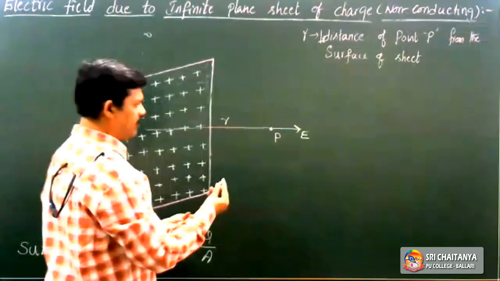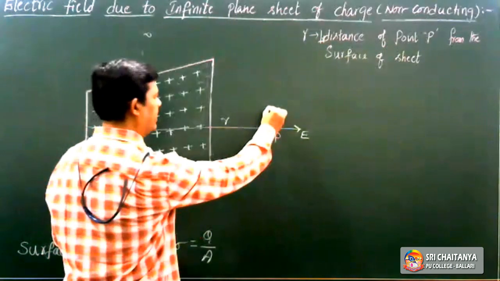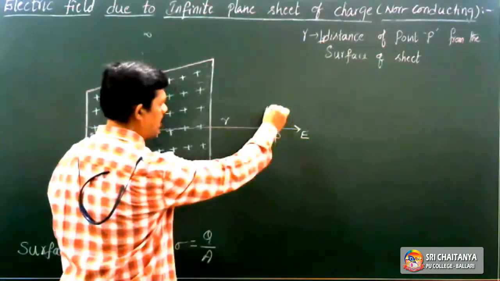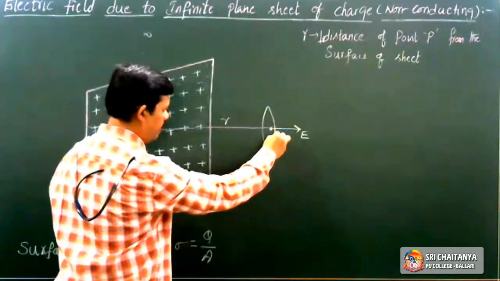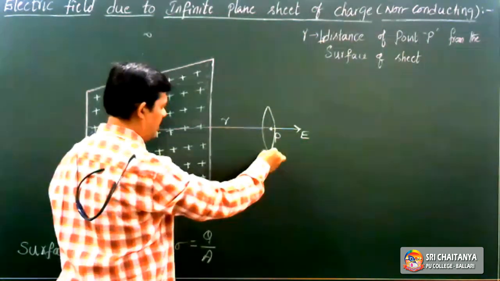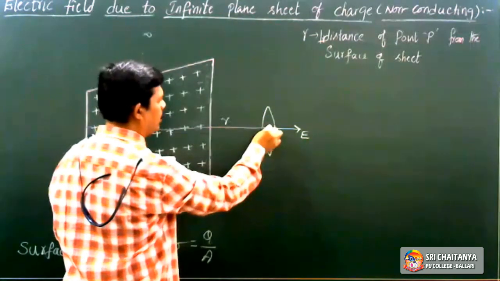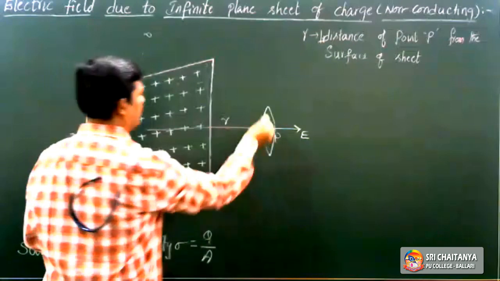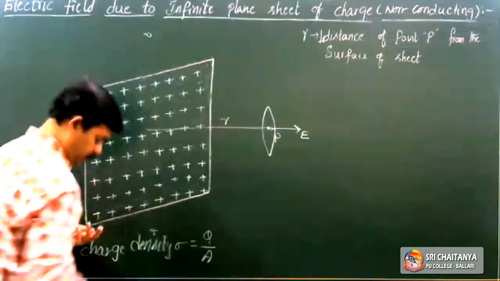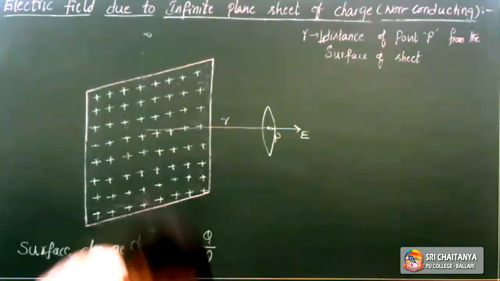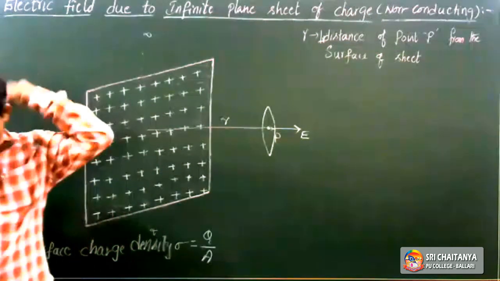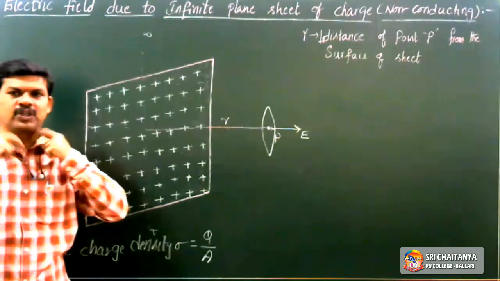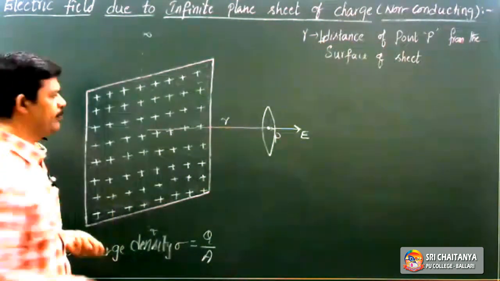It has to pass through the point P; P should come onto the Gaussian surface.